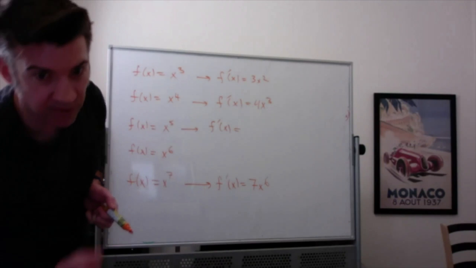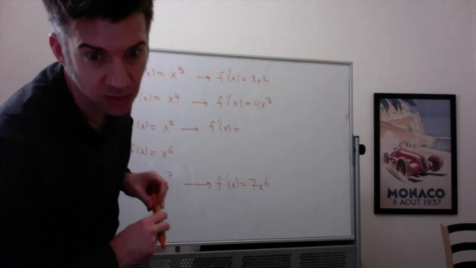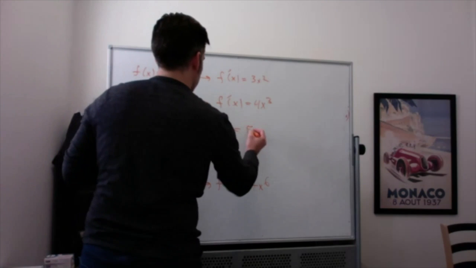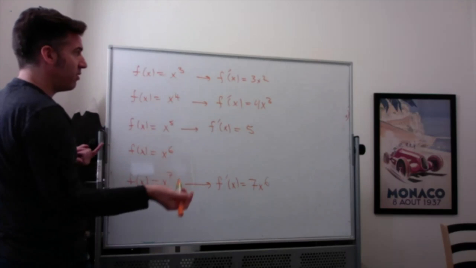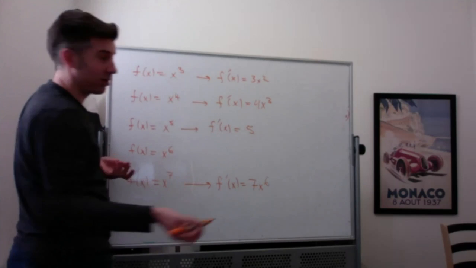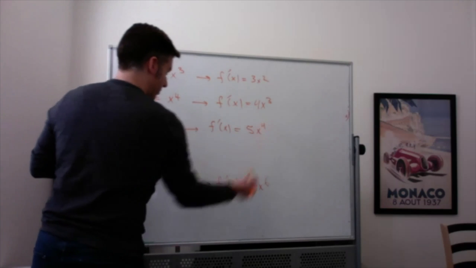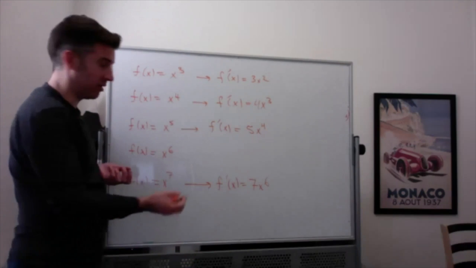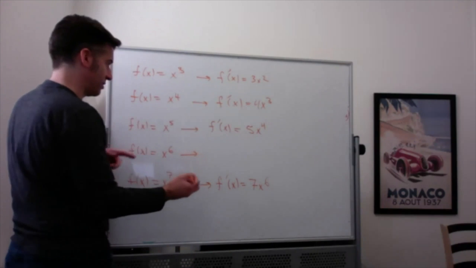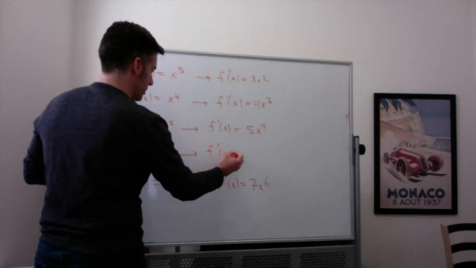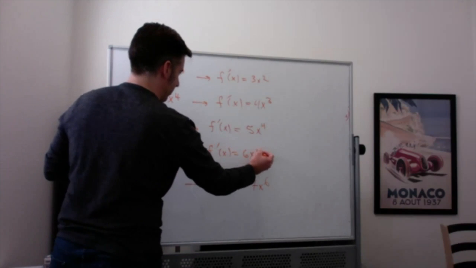Definitely, we're going to get a 5. And then the power seems to be 1 lower. And in fact, that is what's happening here. The derivative of x to the 6th would indeed be 6x to the 5th.